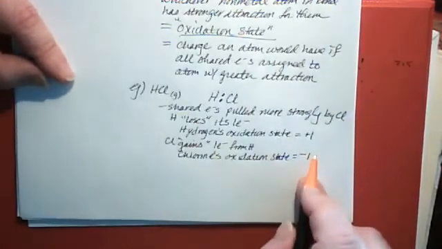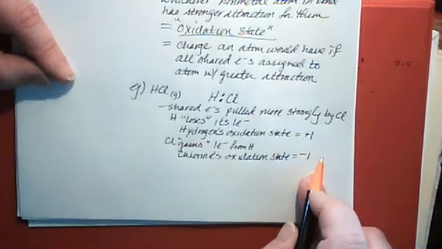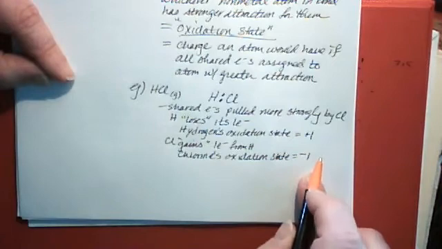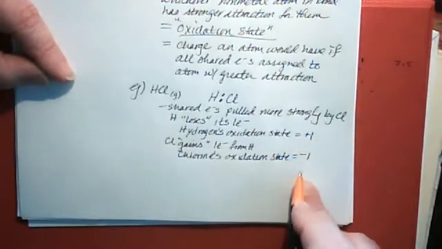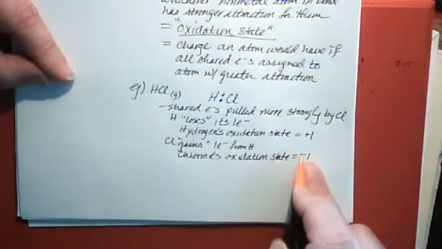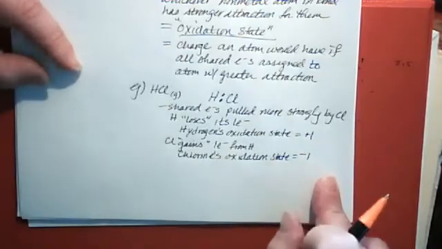When we did charges on ions, the convention was to put the sign after the number. But actually, the convention with oxidation states with these hypothetical charges is the other way around. So we write this as +1 and -1 instead of 1 plus and 1 minus. Okay, so there are some rules for assigning oxidation states, which we can go over. That'll help clarify things, hopefully.